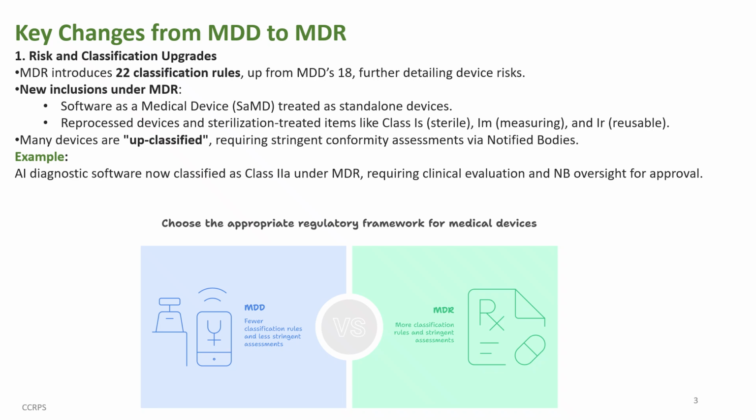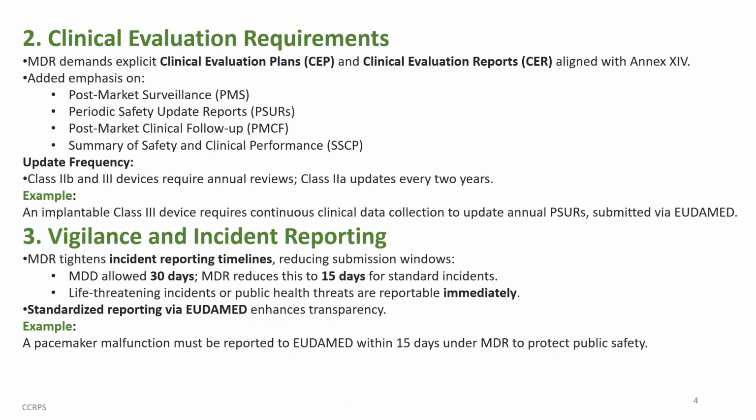Reprocessed devices and sterilization treated items like Class Is (sterile), Im (measuring), and Ir (reusable). Many devices are upclassified, requiring stringent conformity assessments via notified bodies. Example: AI diagnostic software now classified as Class 2A under MDR, requiring clinical evaluation and NB oversight for approval.